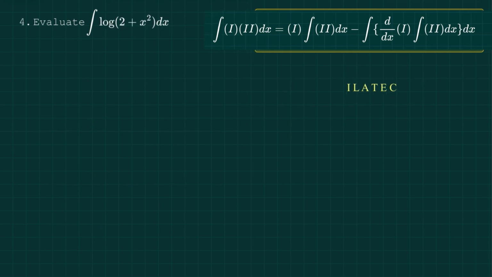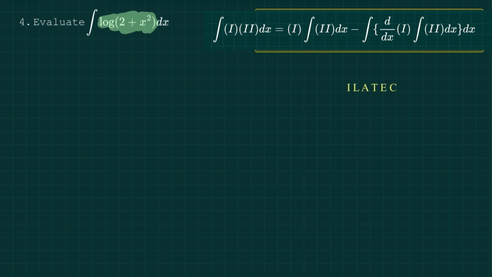Question 4. Evaluate log of 2 plus x square dx. So here you can only see one function, and that is log. Obviously there is an algebraic function, but that is inside log. So here overall there is only one function.